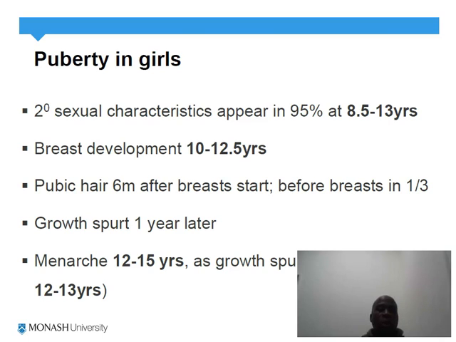Also, you get what we call growth spurt 1 year later, which means 1 year later after puberty, the girl undergoes a rapid growth in terms of size, in terms of height, etc. And also, we have menarche. Menarche basically is the start of the menstrual period, which occurs between 12 and 15 years. As growth spurt wanes, the mean of this growth spurt is between 12 and 13.